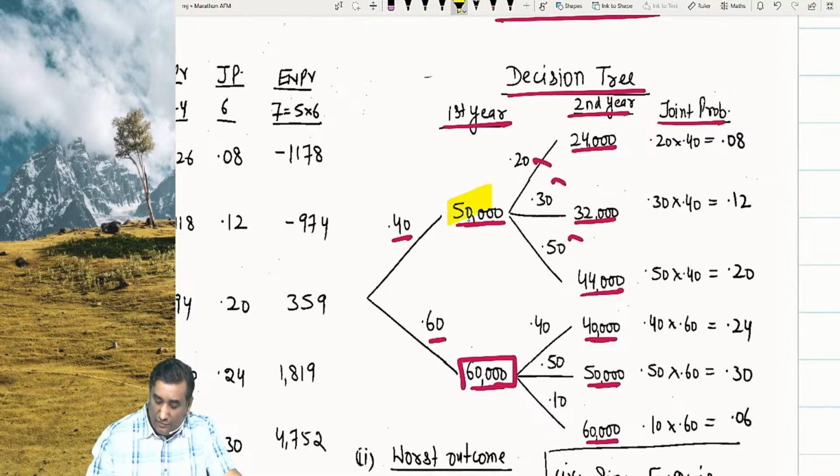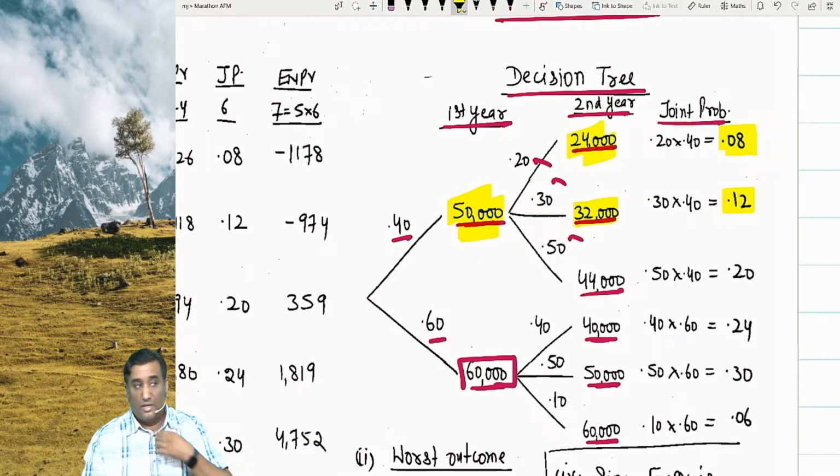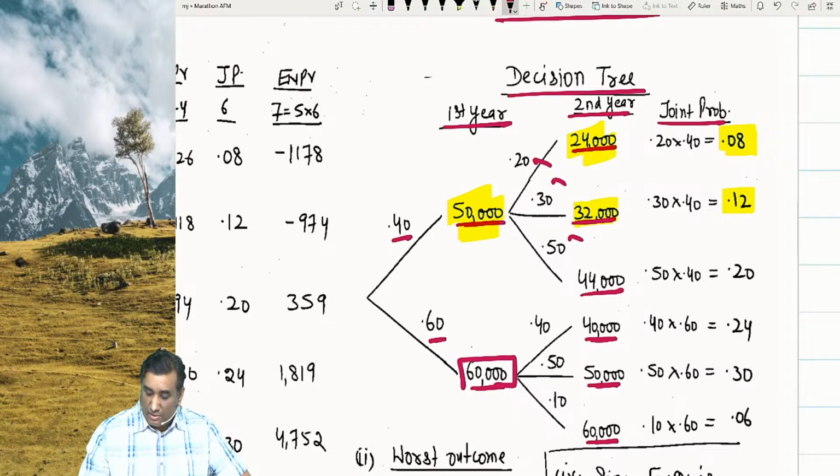I am highlighting 50 and 20. That means this will happen, and the probability of this event is 8%. Then 32 and 50,000, the probability of this path is 12%. The probability of 44,000 and 50,000 would be 20%.